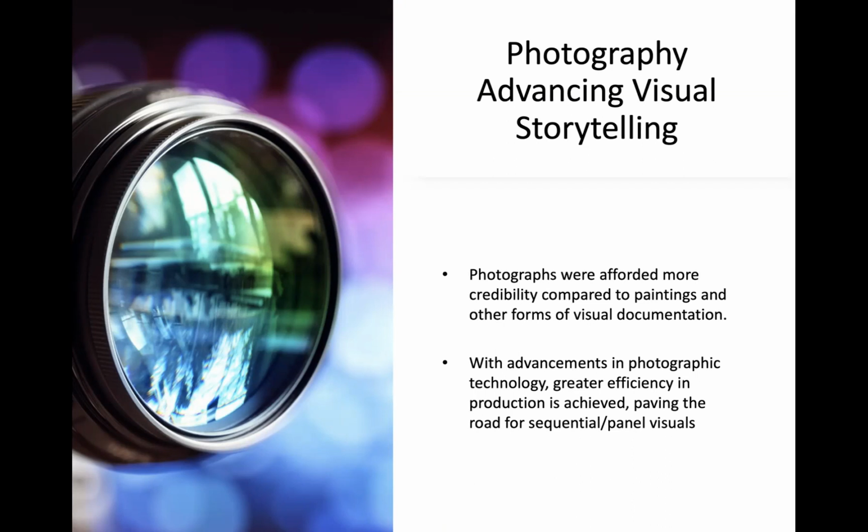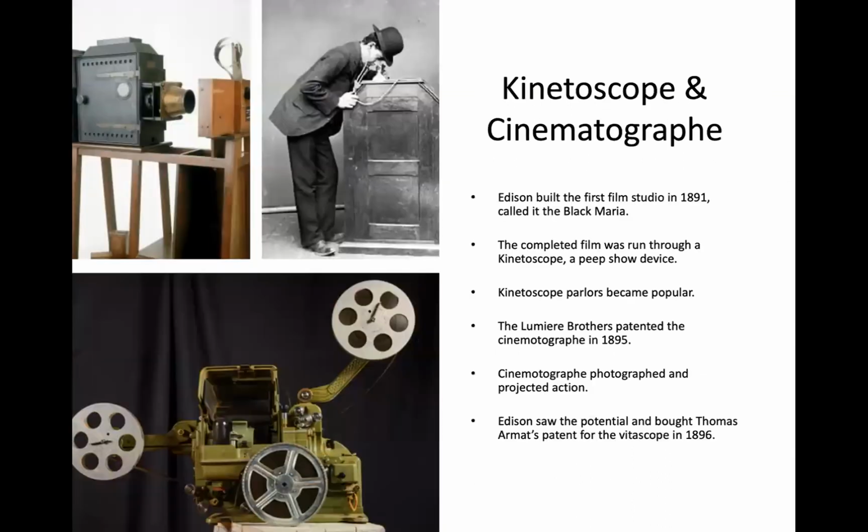With these advancements, we were really starting to see more of a sequential panel type visual where things were going in order, and it wasn't just a one-off. So once we had the zoopraxiscope, we started getting into more cinematography.